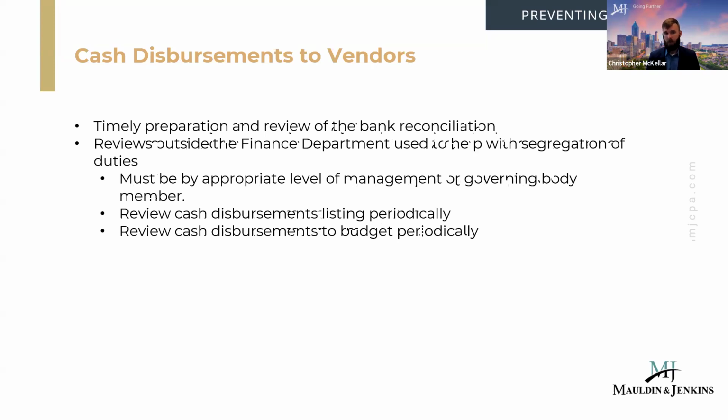I know oftentimes governments have a budget to actual that's in summary form that they present to the board, but having that detail behind it that they can review is a good compensating control, especially at your smaller governments where there isn't as much activity.